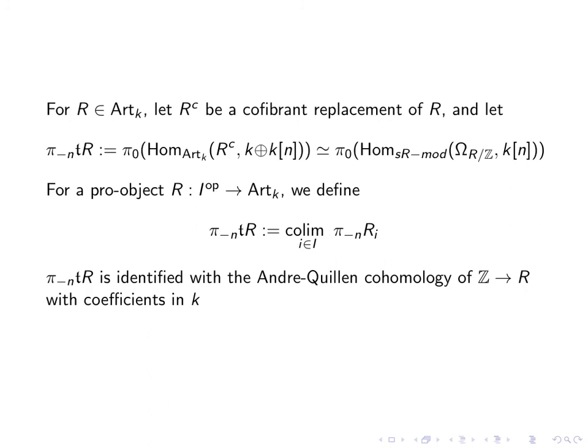As we're going to explain, this pi negative n of TR is going to be identified with the André-Quillen cohomology of a map Z to R with coefficients in K.